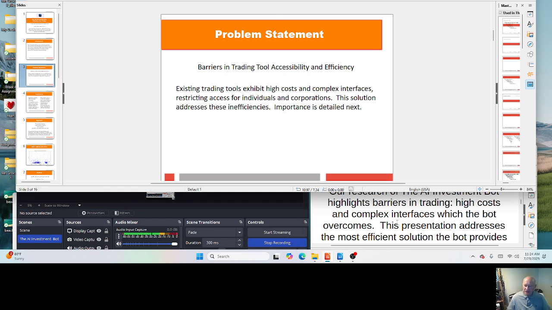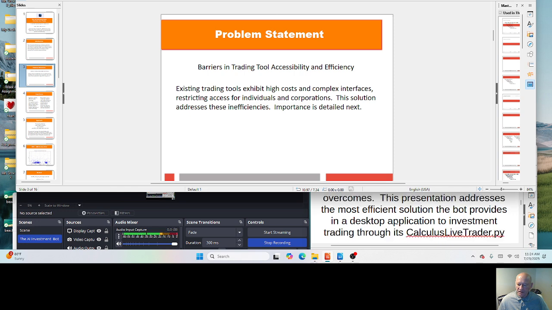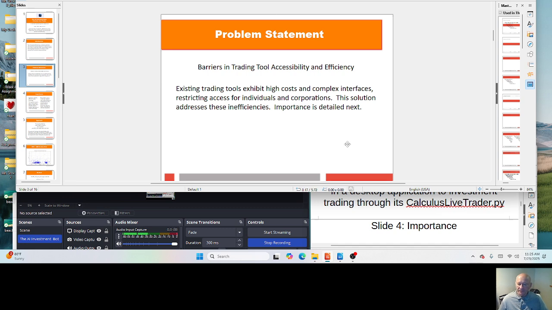This presentation addresses the most efficient solution the bot provides in a desktop application to investment trading through its calculus live trader.py. Existing trading tools exhibit high cost and complex interfaces, restricting access for individuals and corporations. This solution addresses these inefficiencies. Importance is detailed in the next slide.